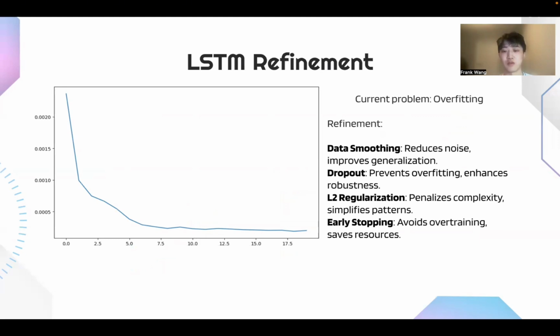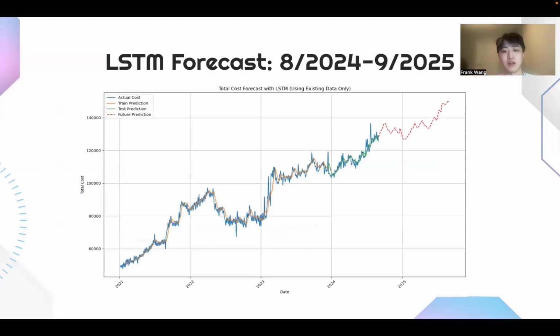The things we do to reduce overfitting here are data smoothing, dropout, L2 regularization, and early stopping. All of them are techniques used in the model to reduce overfitting and penalize our model complexity. After doing that, we get this refined model and do the new training and prediction.